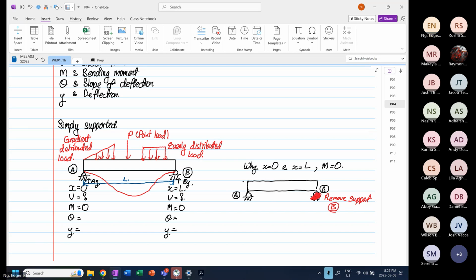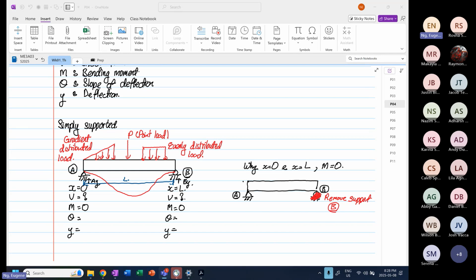Anyone? I repeat again: what will happen to the entire structure if we remove the support at point B? Anyone want to make a guess? I hope you are still awake. Yes, it will rotate. Rachel, well done.